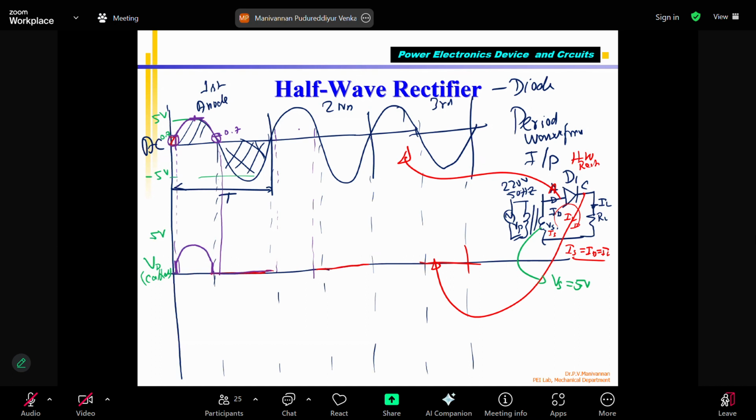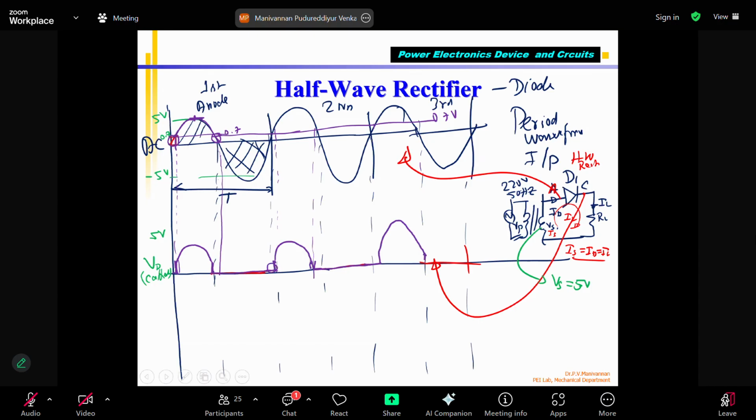This is 0.7 volts. During the period below it, the diode won't conduct. So what you will get is like this. Again during this period it won't work. Then a sudden rise, then this one comes. You can see this is how it will be. Everywhere this period is there, and it won't conduct. So this is what the actual output is going to be.